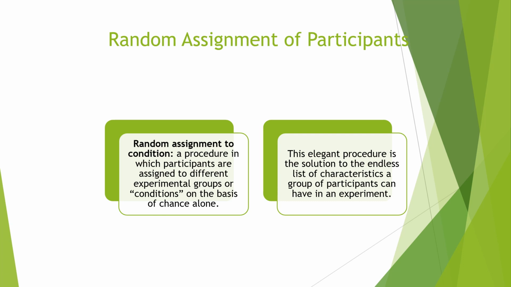And this procedure is a solution to the endless list of characteristics that a group of participants can have in an experiment. It would be great if I was doing an experiment on math ability and I knew that some of the participants who came in to do my research were math majors. I would love all of those math majors to be in my experimental group.